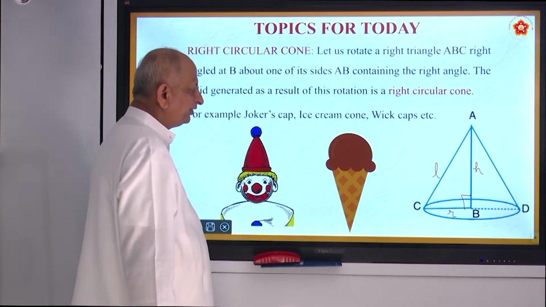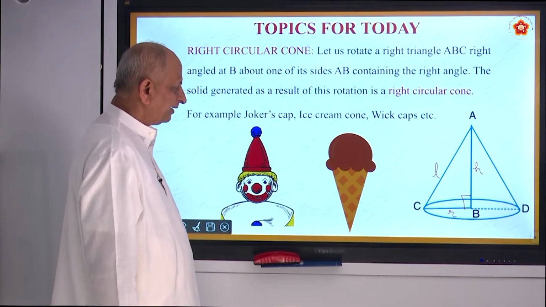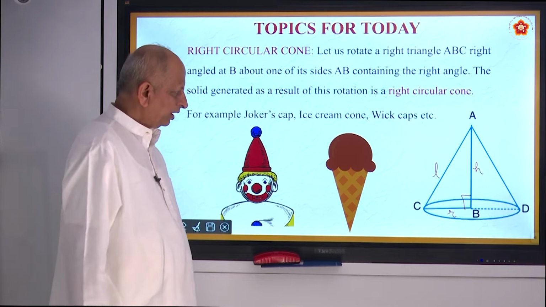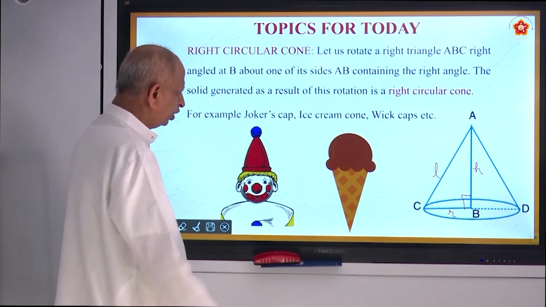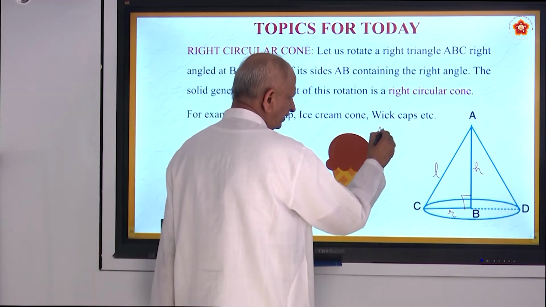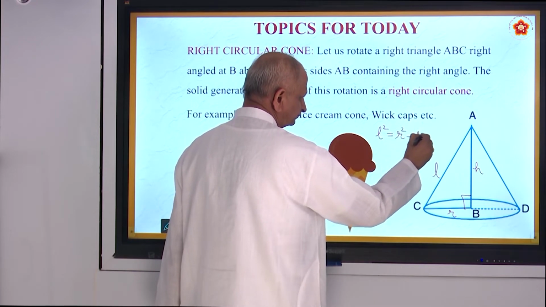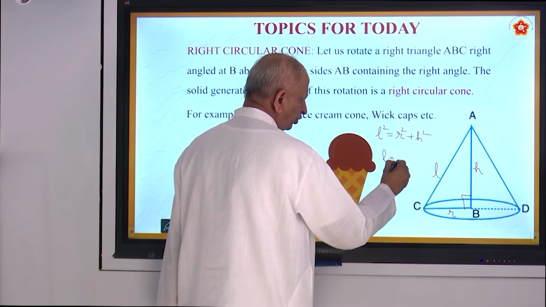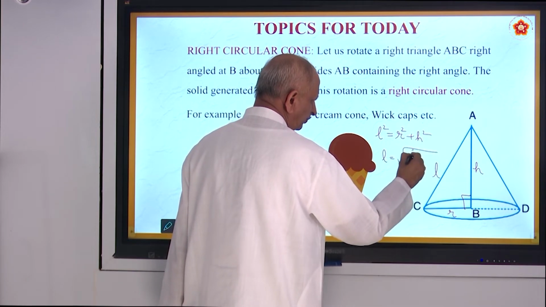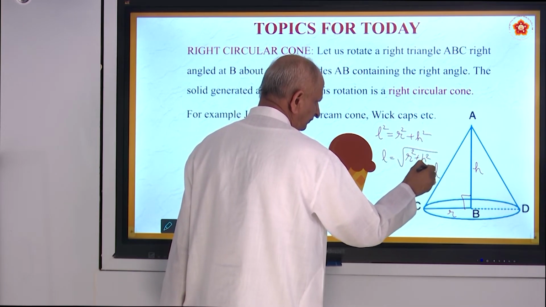So L squared is equal to r square plus h square. What is that formula? That is by Pythagoras theorem. L is equal to root of r square plus h square.